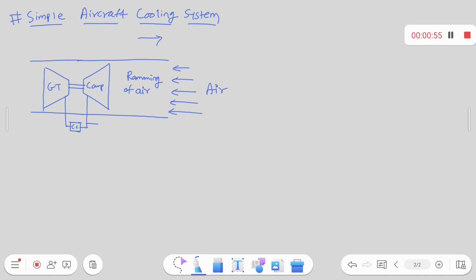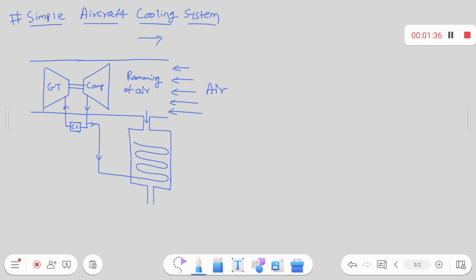So this is your heat exchanger. Now this compressed air we are bleeding off, and this air we are sending into the heat exchanger.